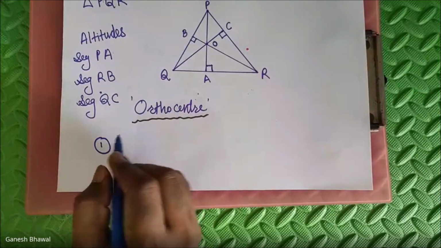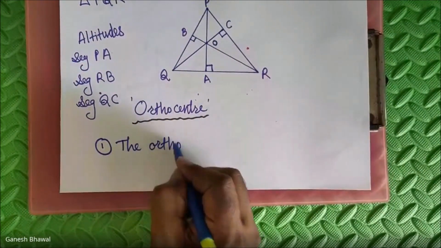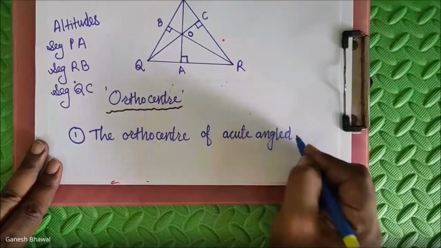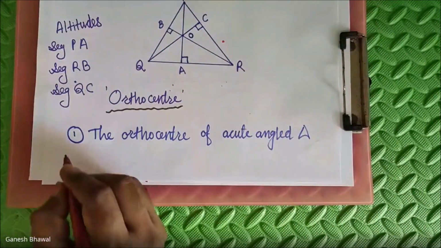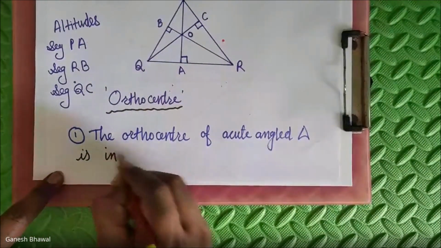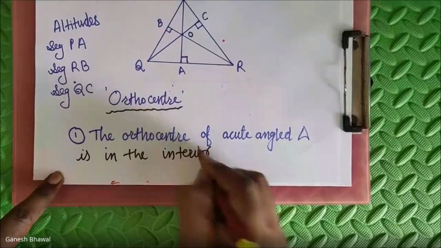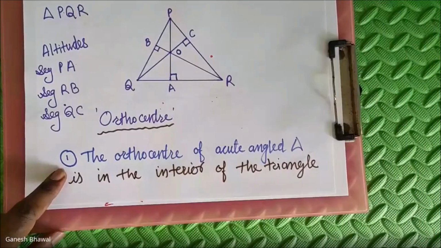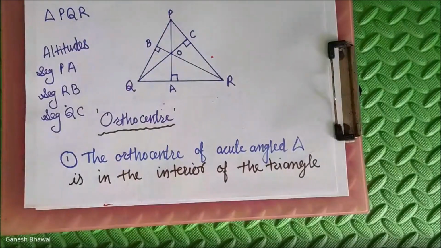Point number 1: the orthocenter of an acute angle triangle is in the interior of the triangle.